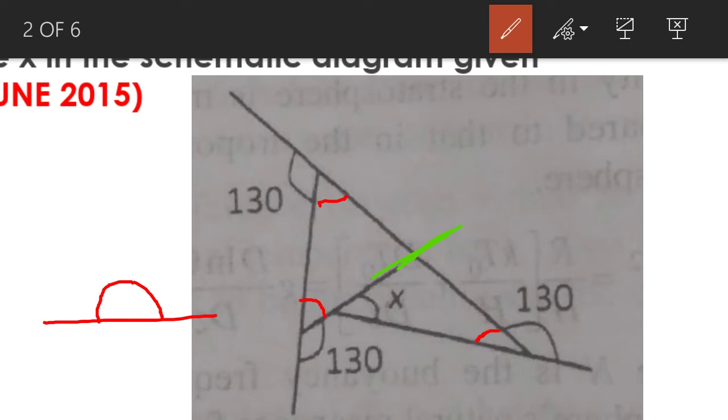Now you know one other thing, that in any triangle the sum of all three angles, this angle, this angle, this angle, is 180 degrees. So if the sum of all three angles of a triangle is 180 degrees, then we can calculate the value of this angle. How much will it be?